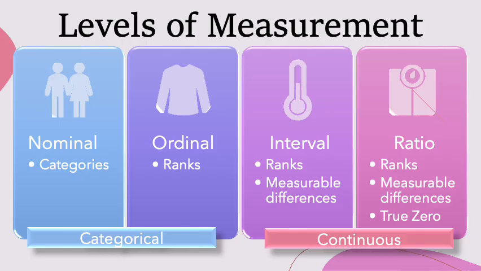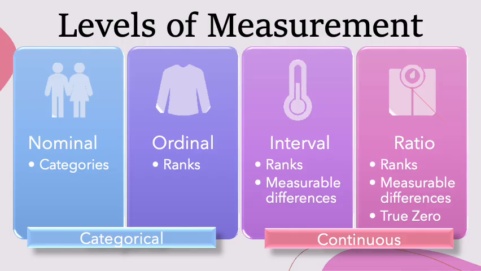Moving on to continuous levels of measurement, which represent measurable quantities, we begin with the interval level of measurement. Data at the interval level of measurement are classified based on ranking and mutually exclusive measurement and specific distances between these categories.